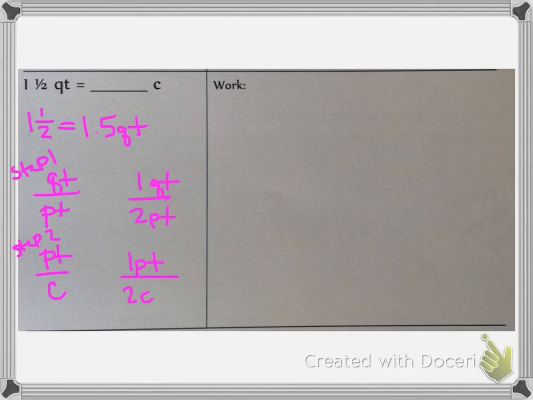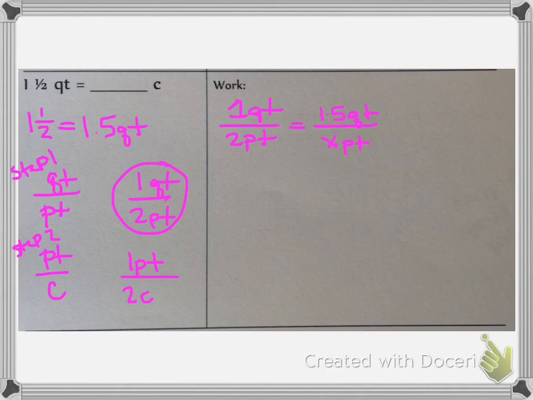So I'm going to use what I know. 1 quart is in 2 pints equals 1.5 quarts to x pints. Okay?